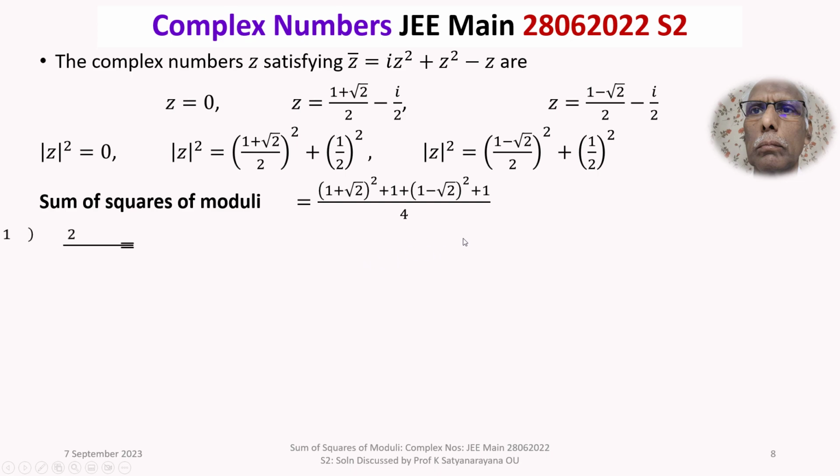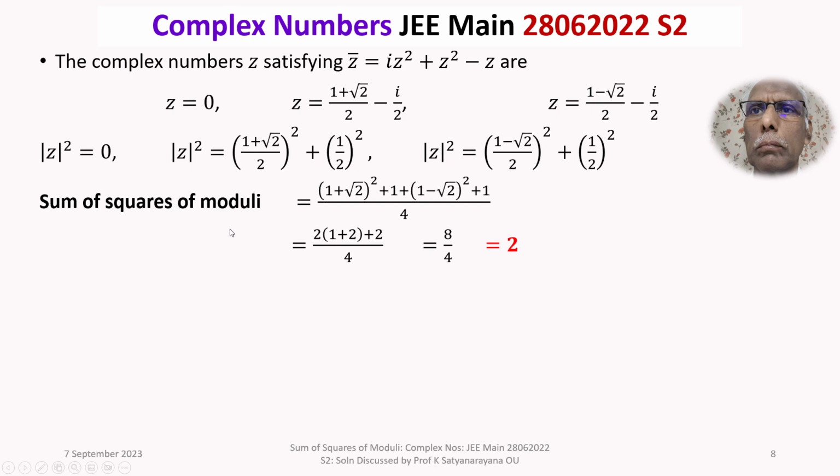That will be 2 times 1 square plus root 2 whole square, that is 2, plus 1 plus 1, all over 4. When simplified, you will get 8 by 4, that's equal to 2.